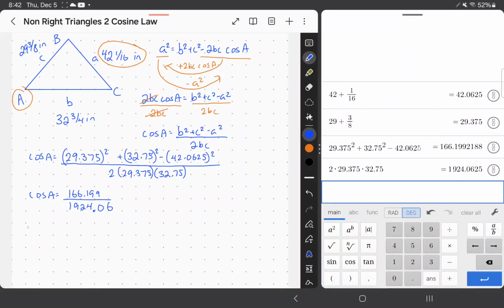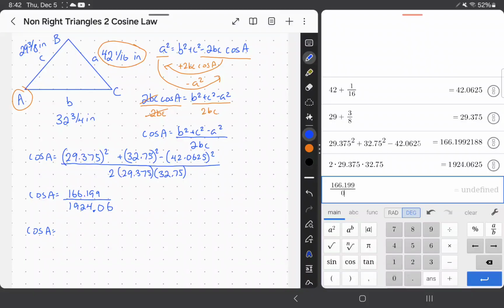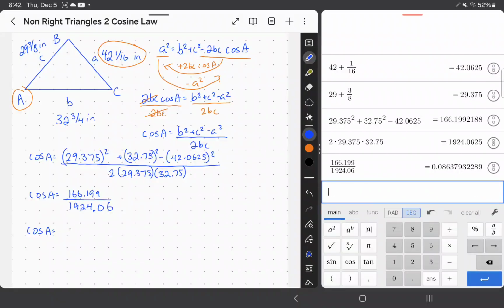Okay, so this gets me a decimal of 166.199 divided by 1924.06. So the decimal there is 0.08638.